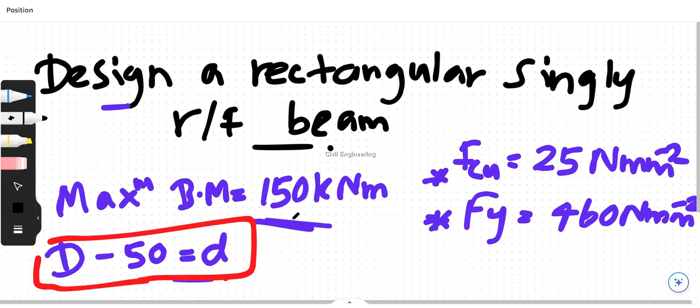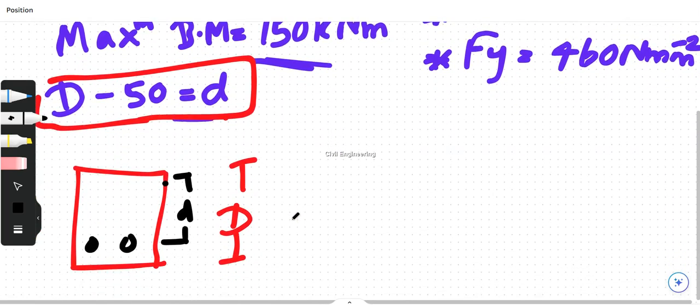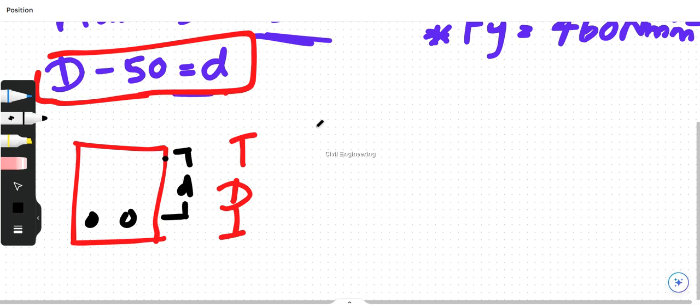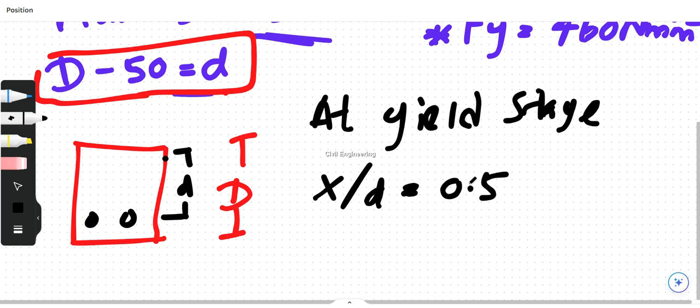This is a rectangular section, and first I assume that this section is at yield stage. So I take x over d is equal to 0.5.